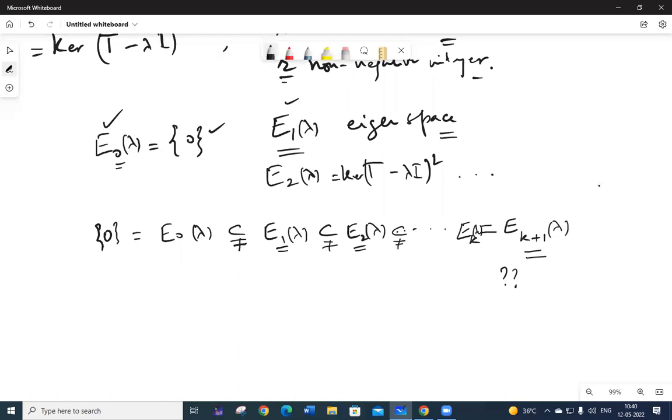All the time, E_1 is the eigenspace containing all the eigenvectors, but the others may not be eigenvectors.